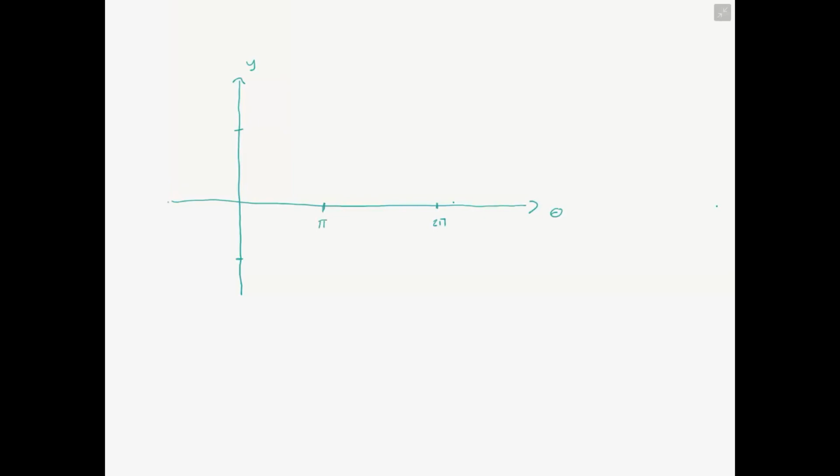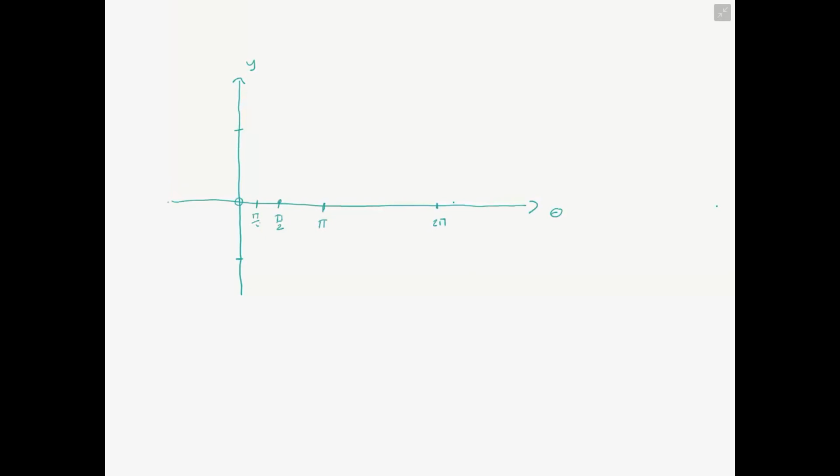That's 2 pi, that's pi. So we're 0, let's see, cosine, we're 1 at 0, this is 0. At pi on 2, the function is 0.